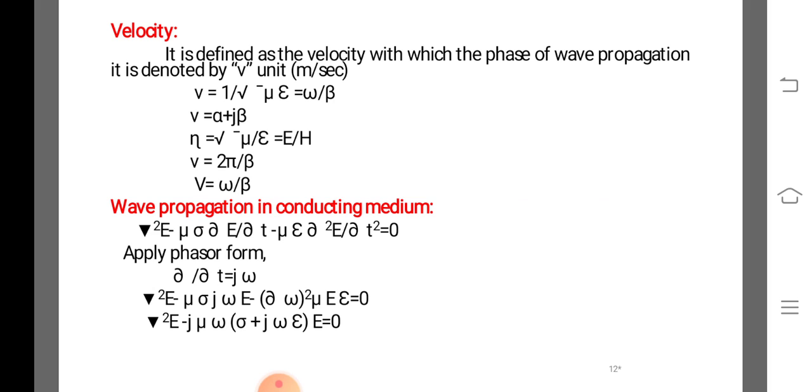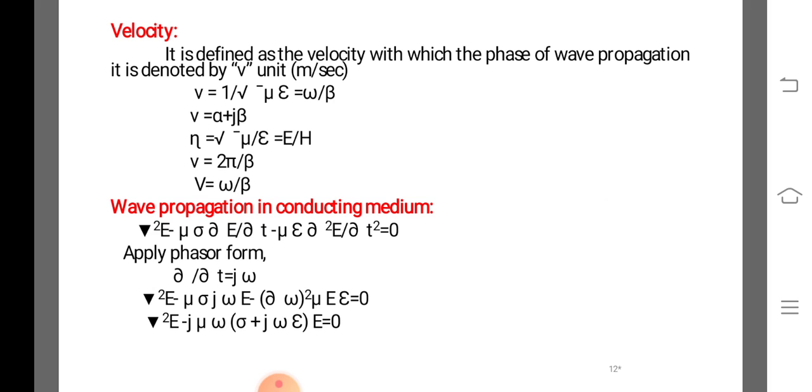Let's go with gamma equal to alpha plus j beta. We already saw in the previous slide, eta equal to root of mu by epsilon. So we come out with eta equal to E by H, lambda equal to 2 pi by beta, v equal to omega by beta. This is the velocity equation.